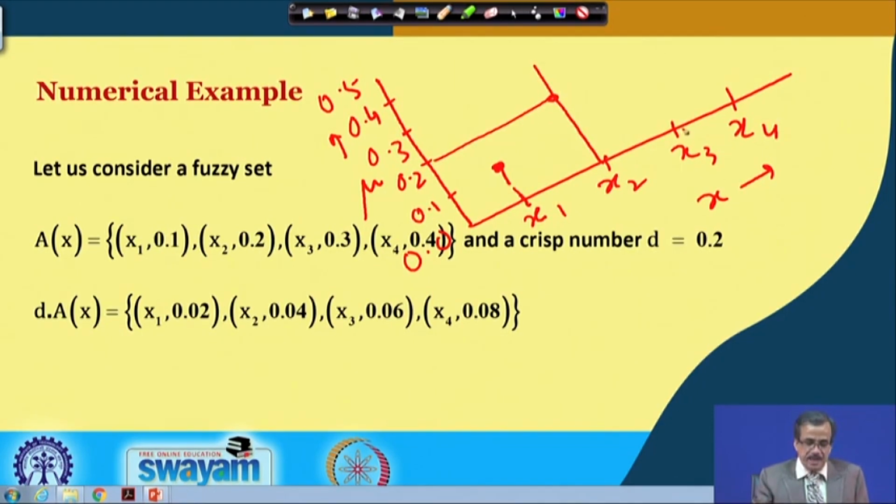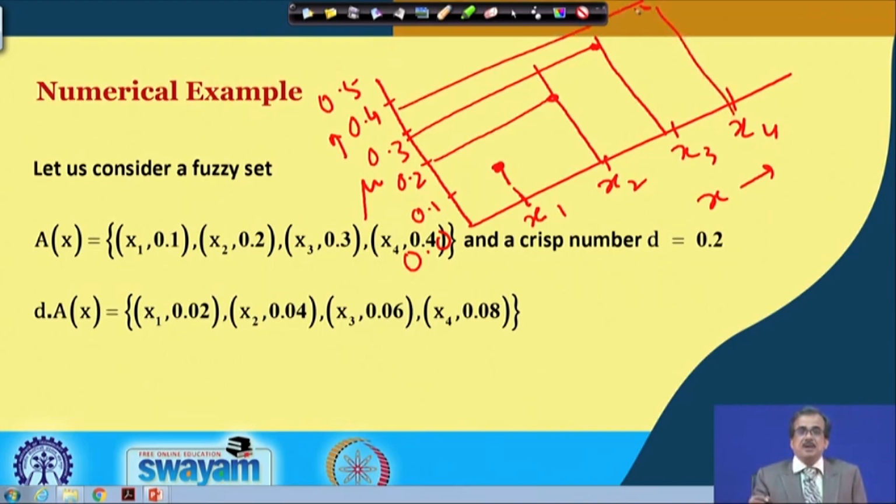Corresponding to x3 I have 0.3, so I might be here. And corresponding to x4 I have 0.4, so I might be here. This is the distribution of the fuzzy set A(x). Now, if I multiply by d, where d is equal to 0.2, corresponding to x1 I will be getting 0.02, so I might be here.